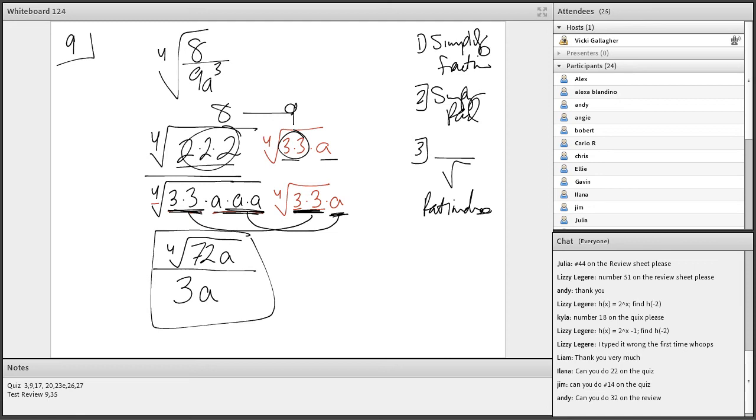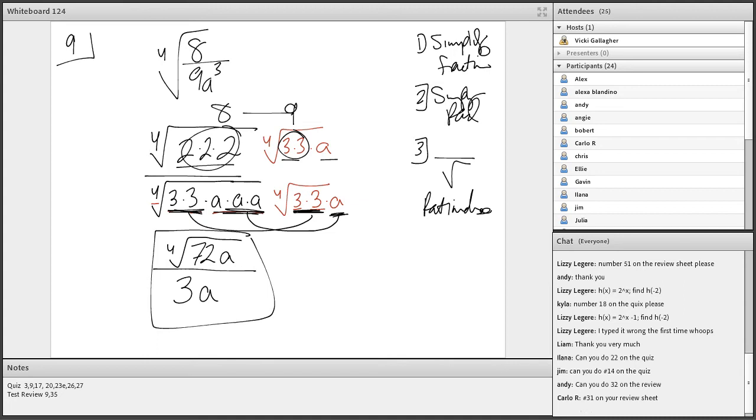All right, that was number 9 on my review sheet, which might be different than yours. Still good problems. All right, my next question was on 24D from the quiz. So let's switch back to the quiz.